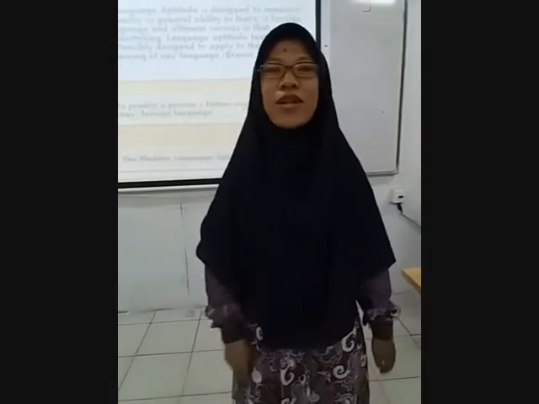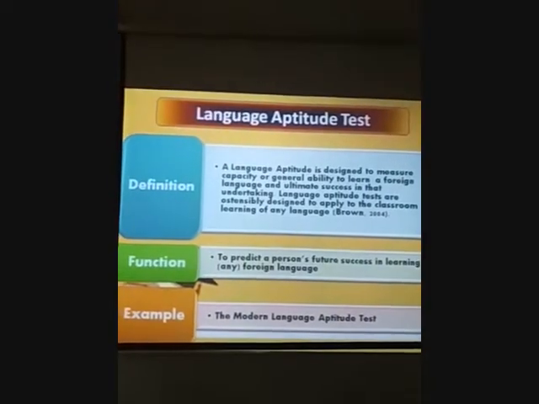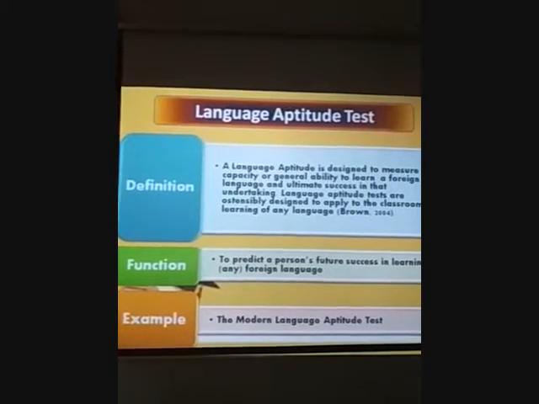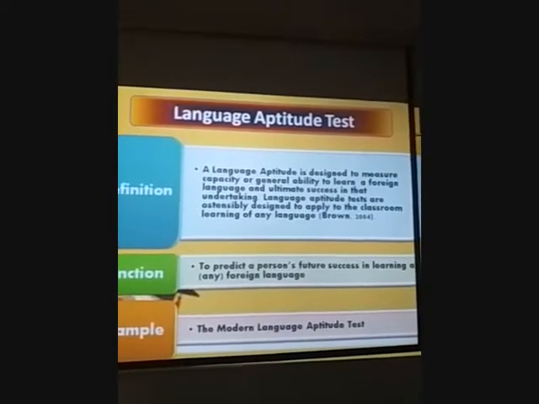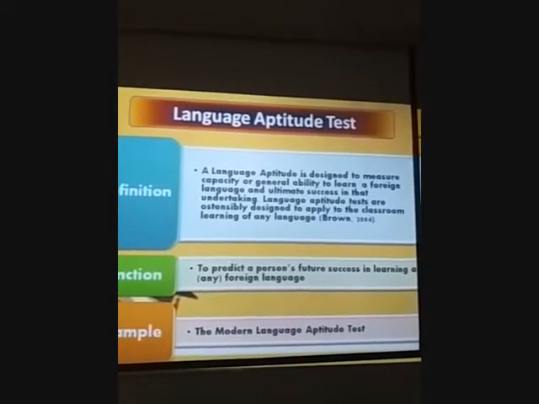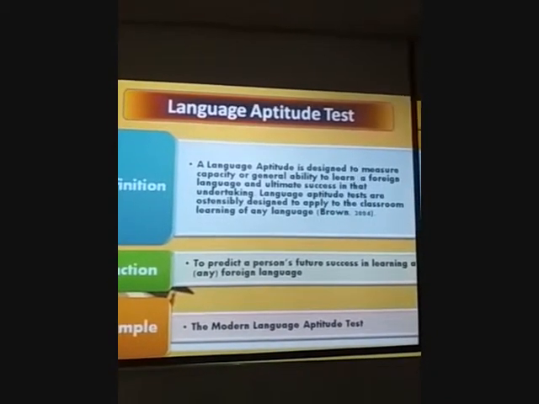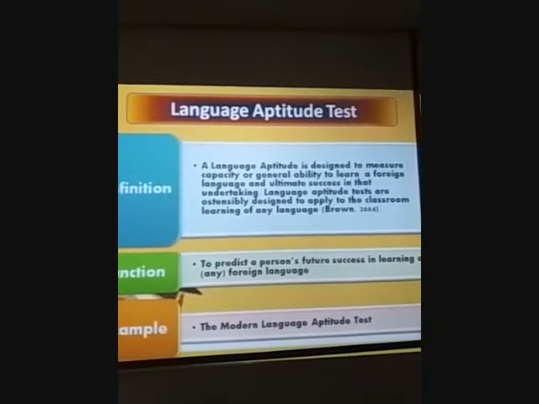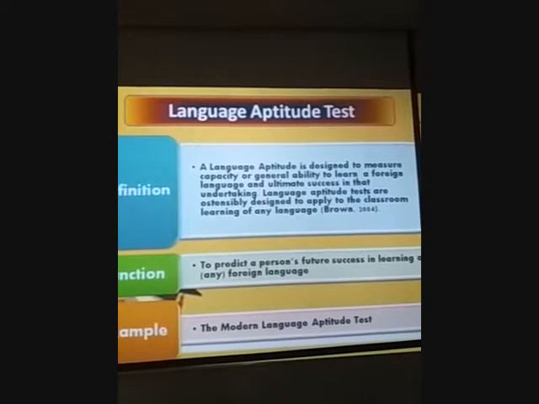Okay, next I will tell you about language aptitude test. Language aptitude test is designed to measure capacity or general ability to learn a foreign language and ultimate success in that undertaking.